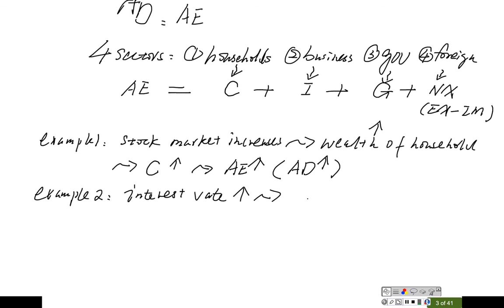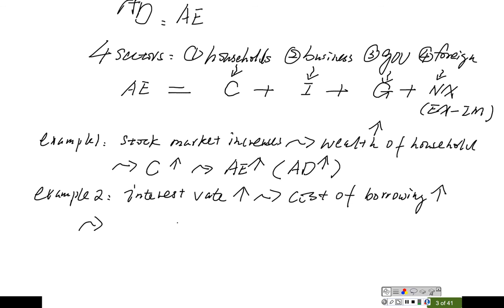Interest rate increase, as we learned previously, means the cost of borrowing goes up. If the interest rate goes up, the household will buy fewer houses and cars, because the household relies on the bank's loan to buy those big items.